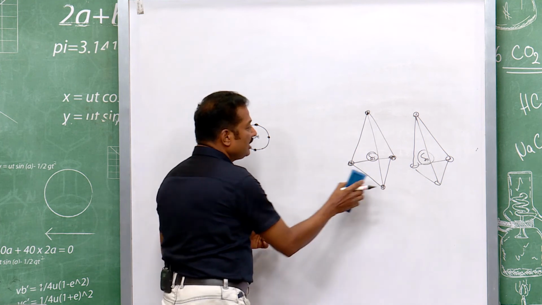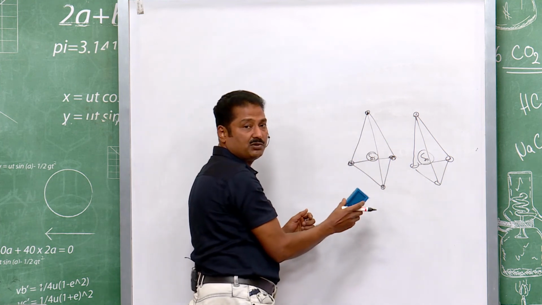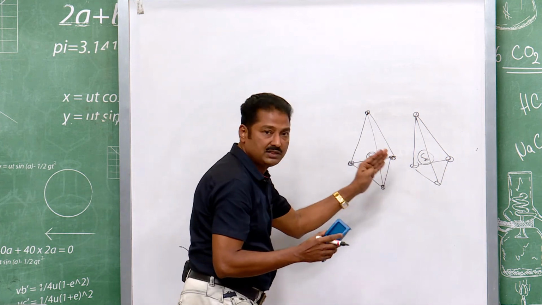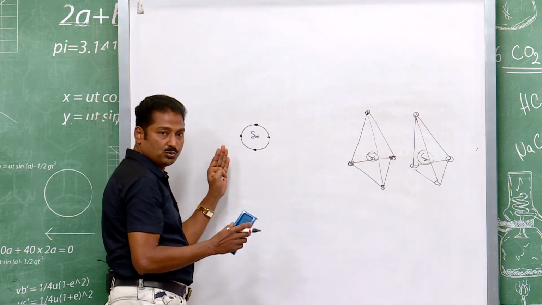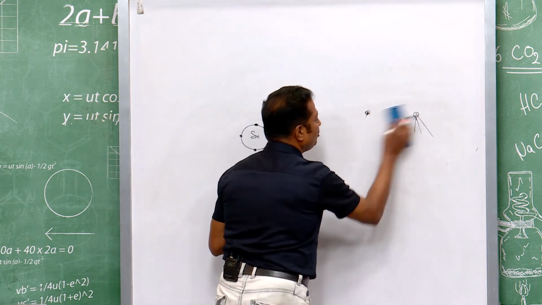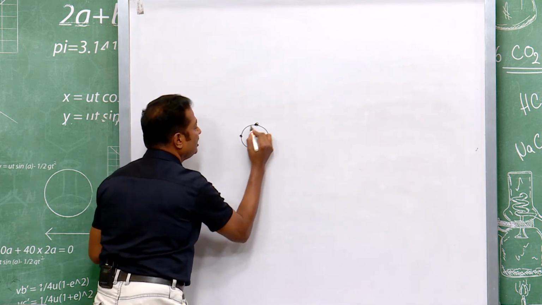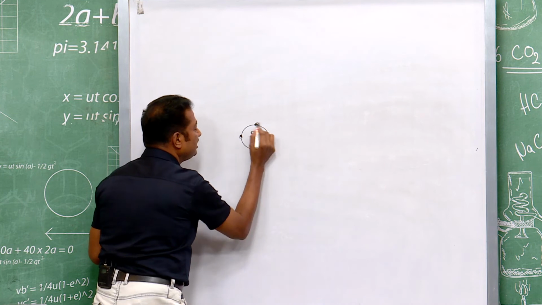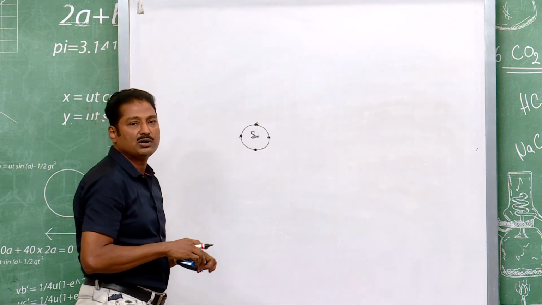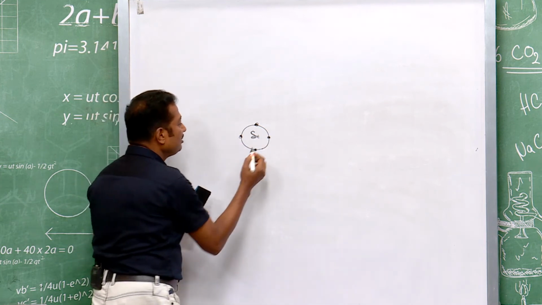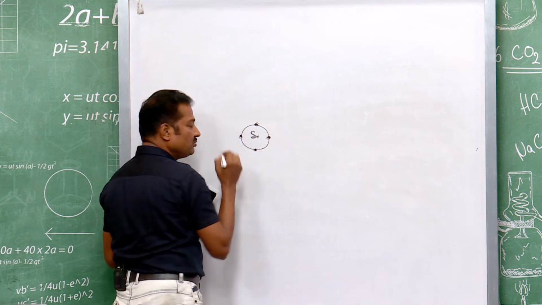If I represent the 4 valence electrons from tetrahedron 3D form in 2D form, then I should draw them in this way. This is silicon. These are the 4 electrons on the 4 corners of a tetrahedron. So, this is one silicon.